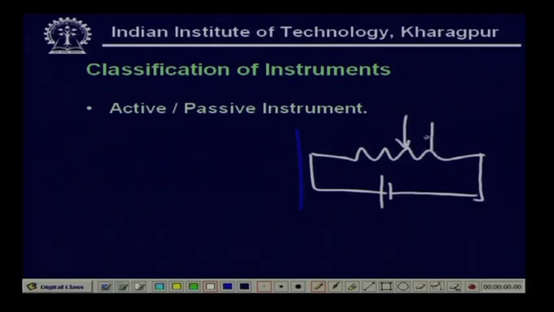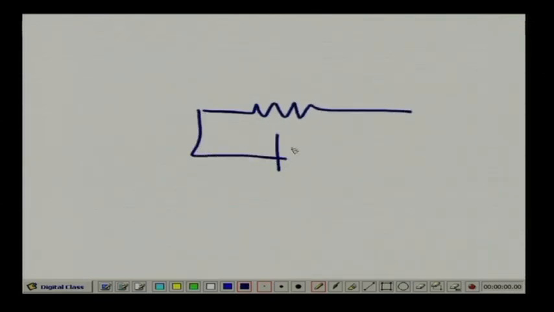This is the wiper, or the jockey, of your potentiometer displacement sensor, and I am taking the output from these two points. I am sorry, it should look like this. I have a displacement sensor. This is our jockey, and I am measuring.